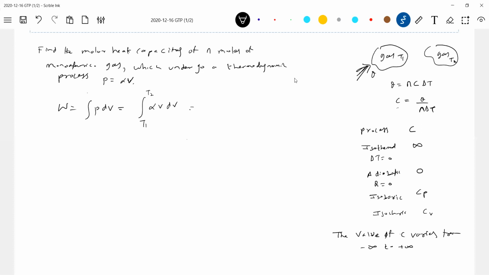This will become alpha V square by 2, from T1 to T2.